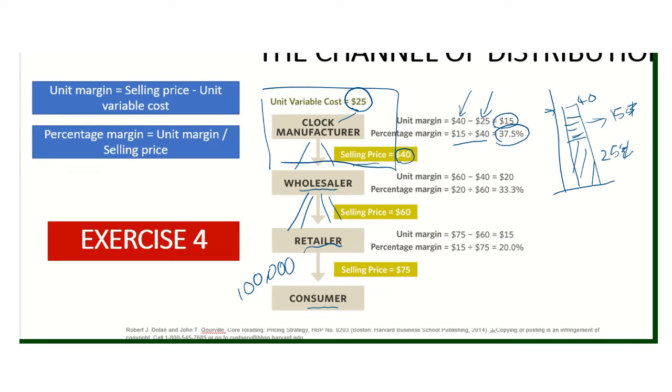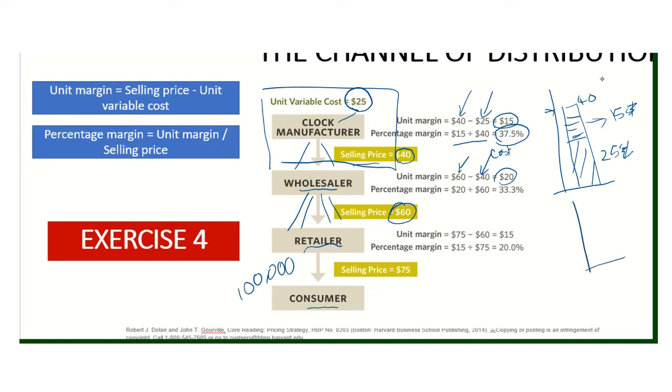Now, the wholesaler buys the clock at $40. So the cost is now $40. He wants to make a good margin on this and he plans to sell it at $60. So my unit margin is 60 minus 40, which is $20. Now, how much is that in margin terms?